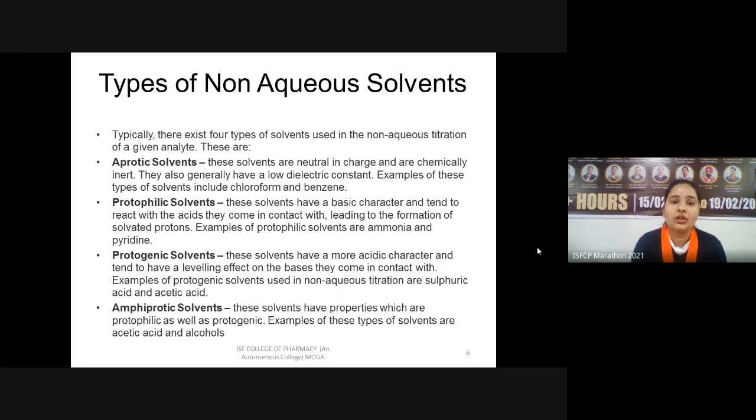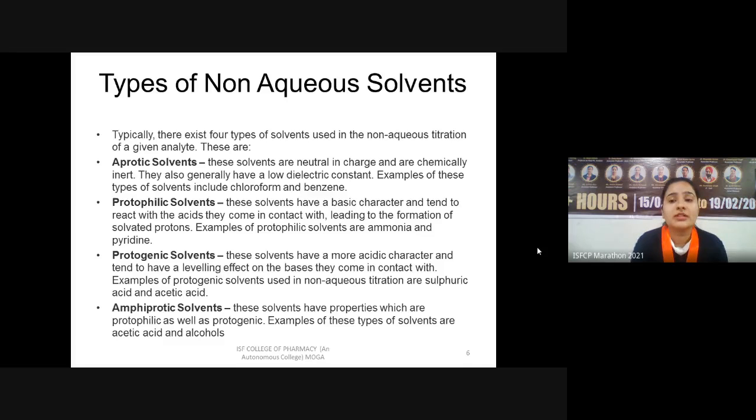Since they do not have any positive or negative charge, they will be chemically inert, and also they will have a low dielectric constant because there are no positive and negative ends in the solvents. There is no formation of positive and negative charge in the solvent, hence they will not dissociate very easily, hence the dielectric constant of aprotic solvents is very low.